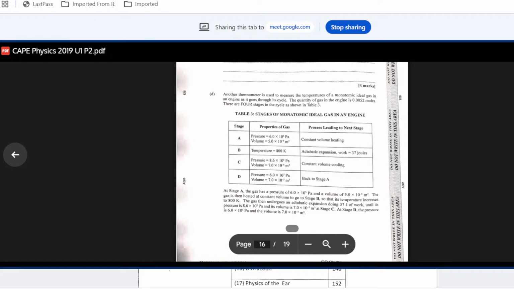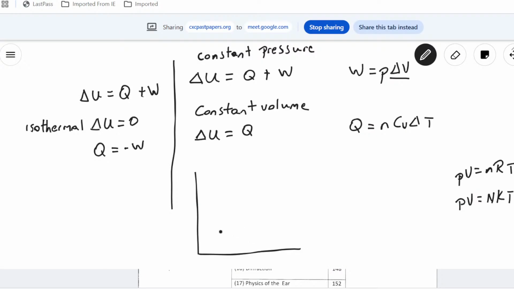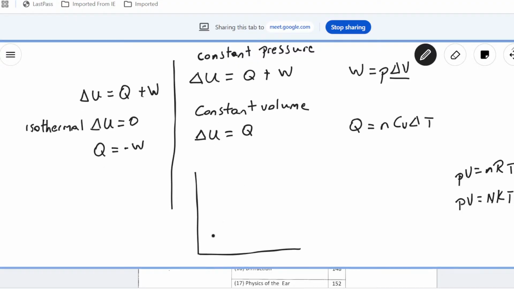So we can have a situation where stage A has something like that. That's supposed to be straight. Stage A. Alright. So pressure, volume.